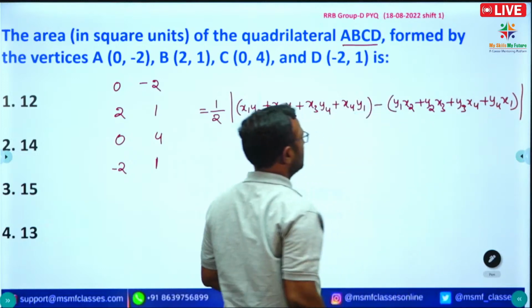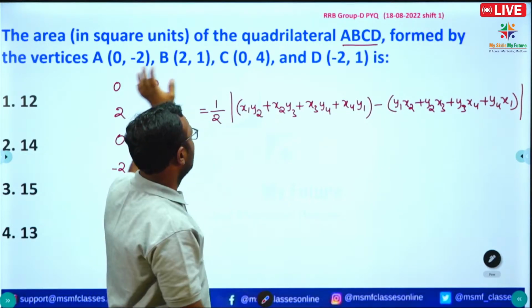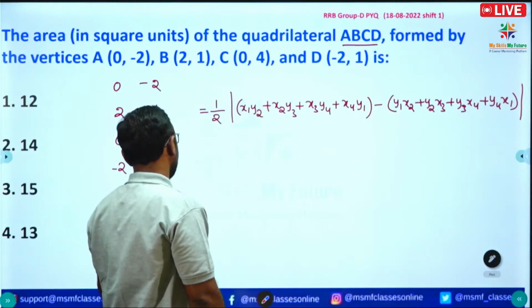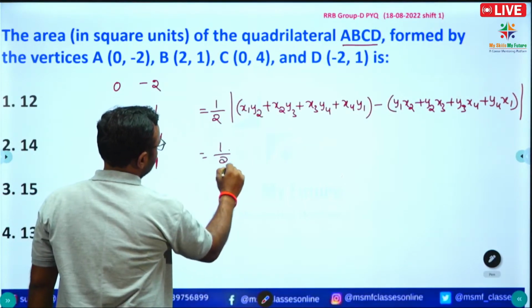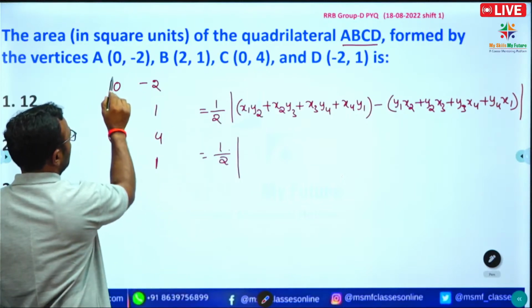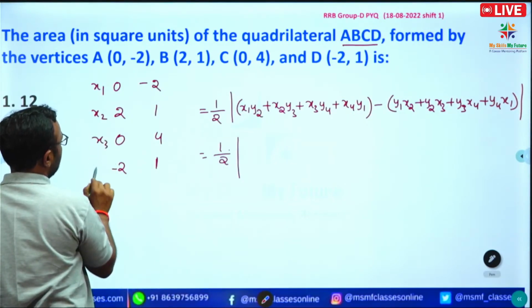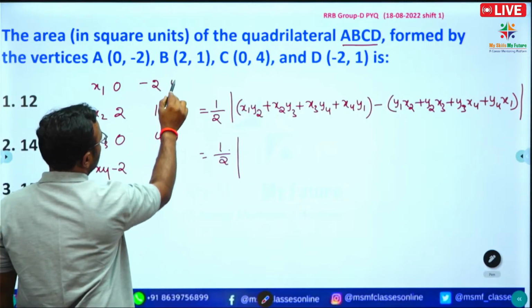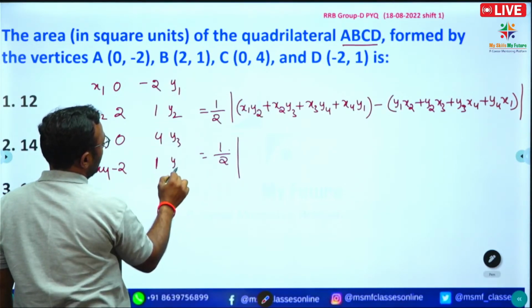This is the simple formula. By using this we can find the area of the quadrilateral ABCD. So half into, here the values are x1, x2, x3, x4 and y1, y2, y3, y4.